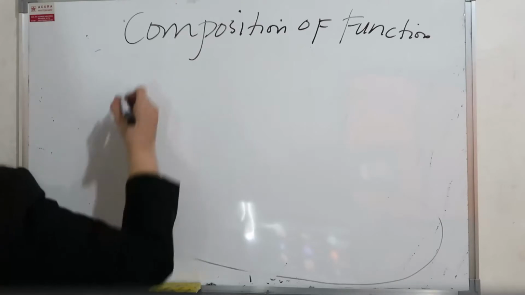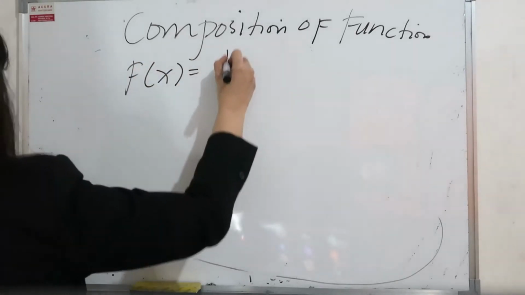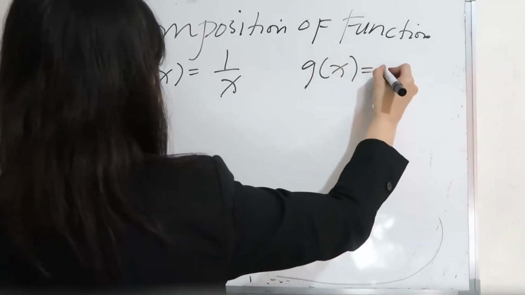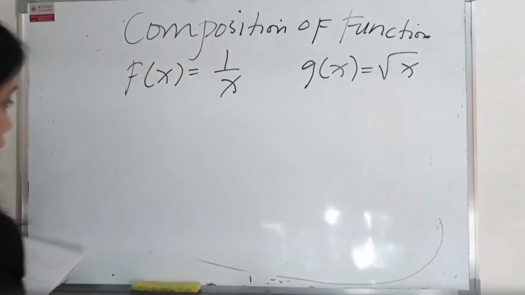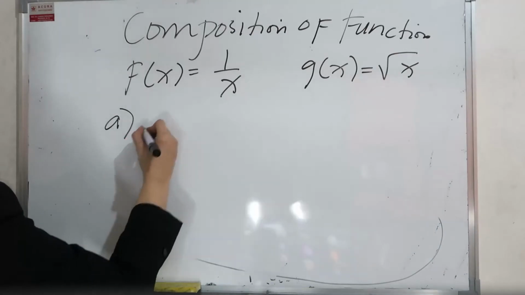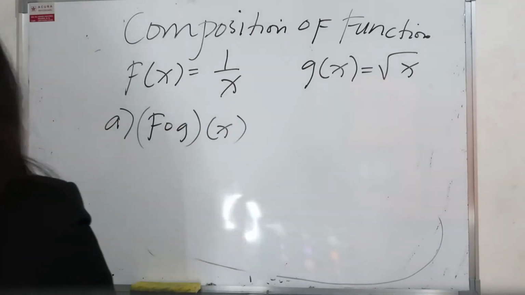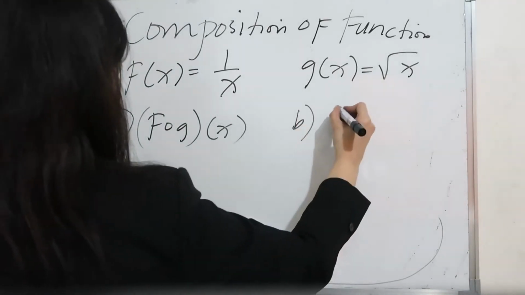Let's say we have f of x equals 1 over x, and g of x equals the square root of x. We need to look for f of g of x.